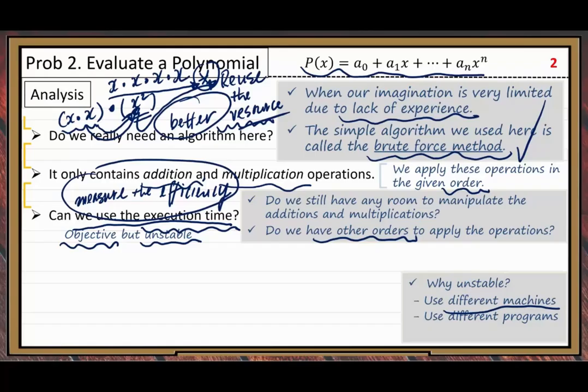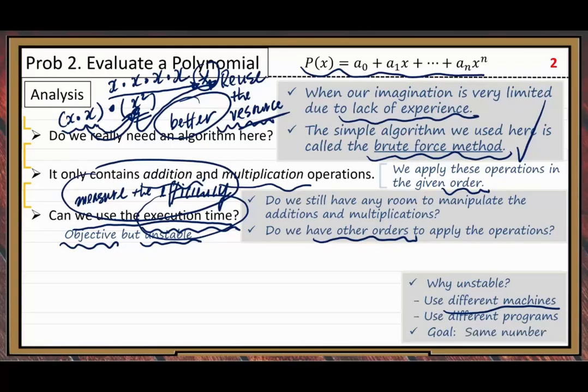So from the software implementation point of view, it could be unstable. So this measure, our conclusion, it is unstable. That means it's not a good solution, not a good option for the measurement of the efficiency.